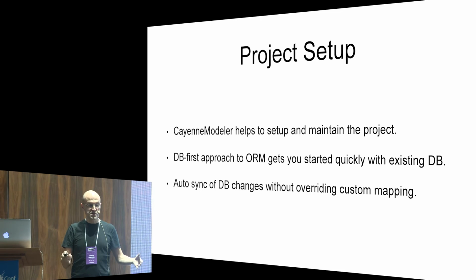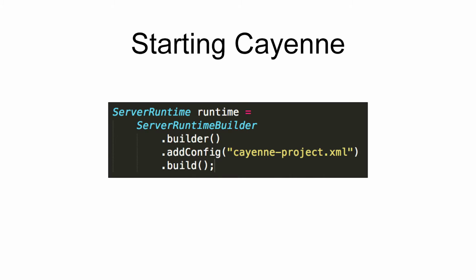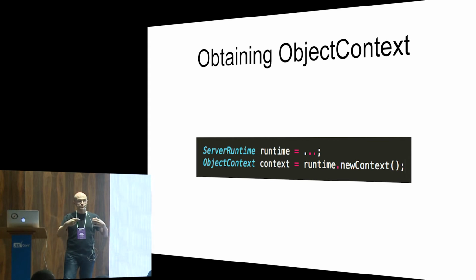So then we synchronized our Java classes, and then we started writing our app. We started with the runtime, and the runtime is much more powerful, and we will see how you can use this runtime builder to customize the stack. Then we created ObjectContext, and ObjectContext is our window to Cayenne. It's our window to the database.